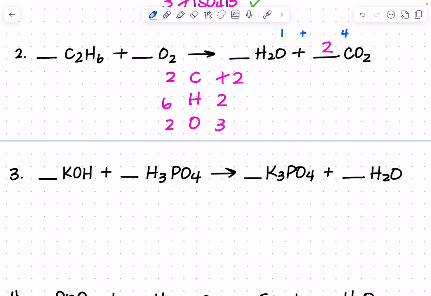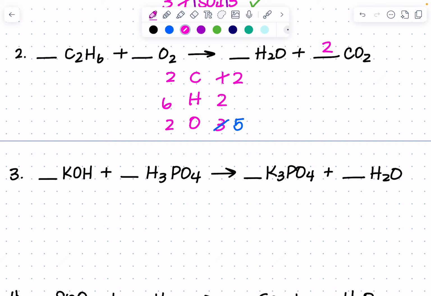This is a thing that is very easy to forget. So don't forget to pay attention if you have the same element in more than one compound. So I have 5 oxygens. Let me get rid of that. It's a little bit in our way there.